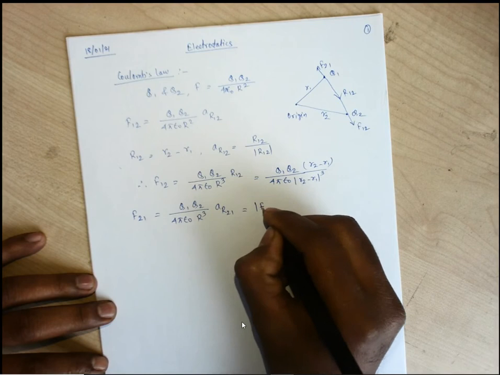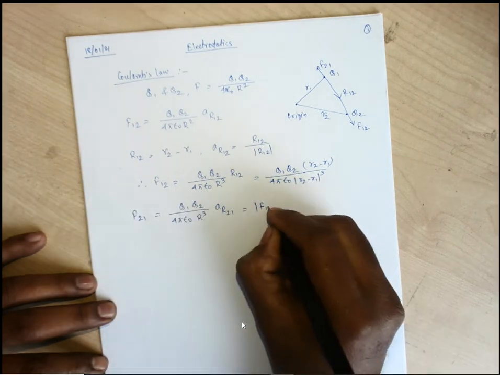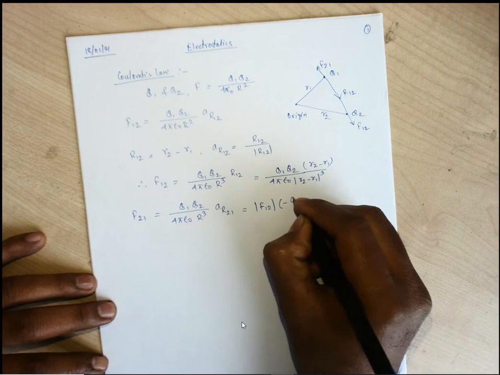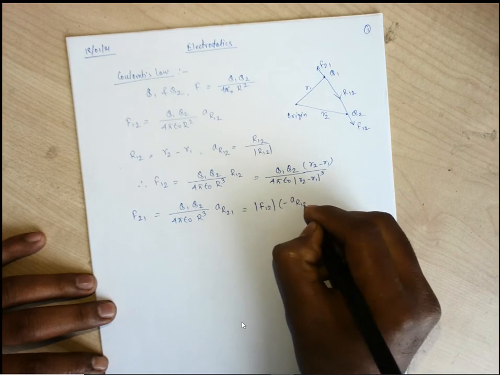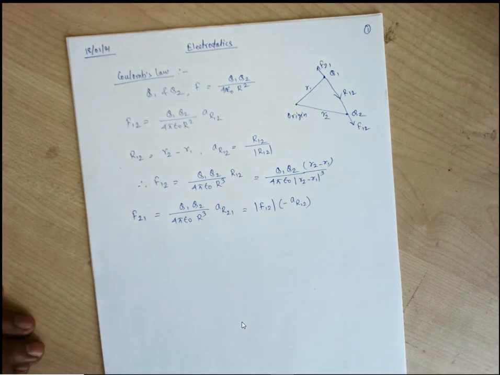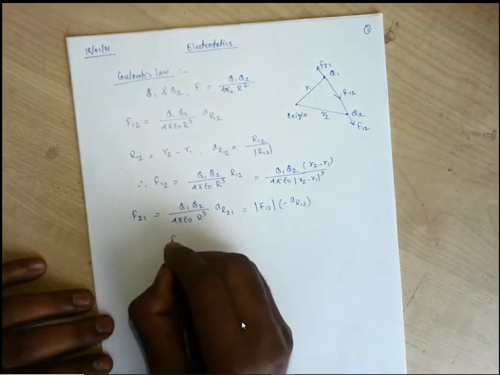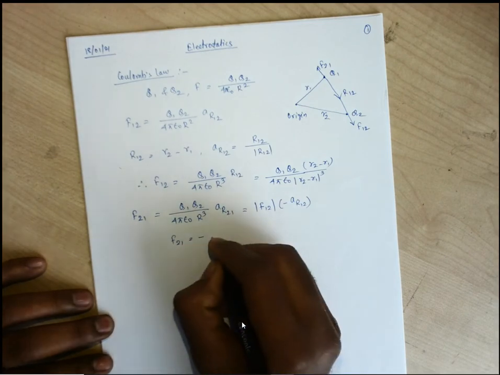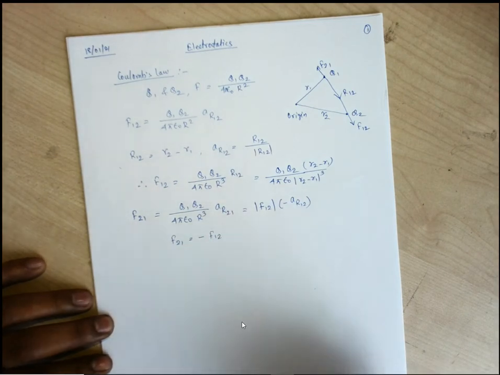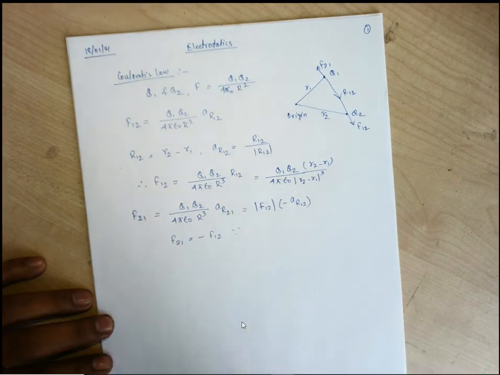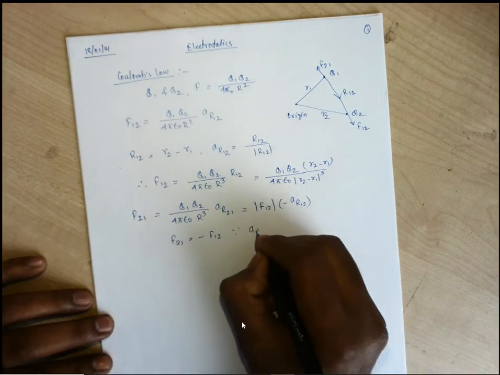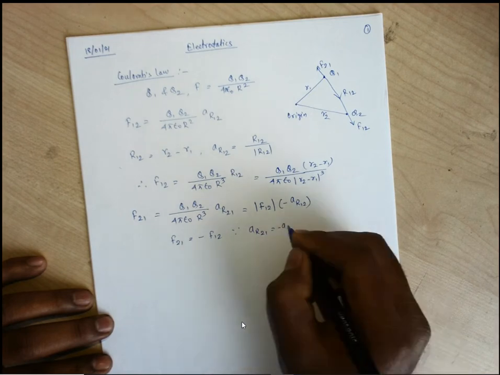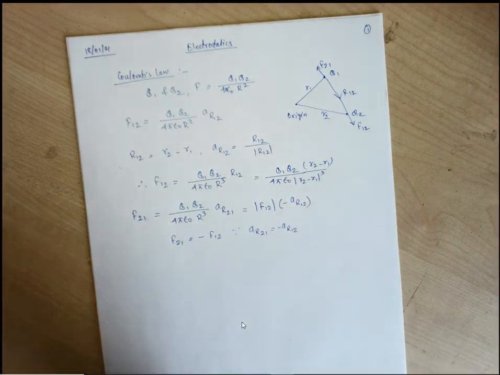The magnitude is the same but the direction is opposite, minus a_r12. So F21 is in the opposite direction of F12, since the unit vectors are in opposite directions: a_r21 equals minus a_r12. So these are the basic concepts.